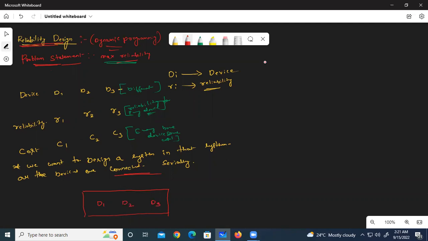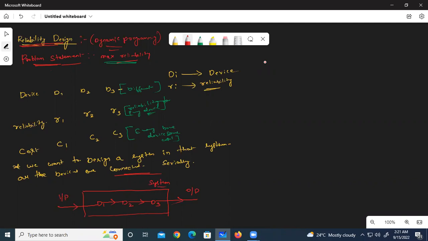From here I give the input, from D1 to D2, D2 to D3, and then the output here. So this is input, and after crossing all devices D1, D2, D3, you get the output. This is our system.